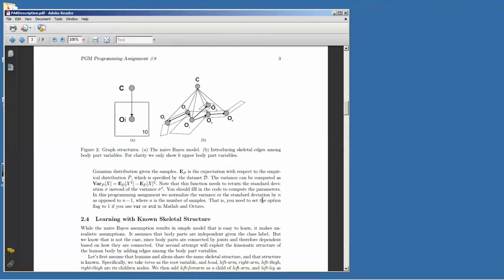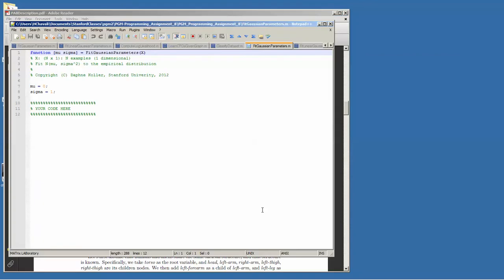Now there's one thing I do want to draw your attention to: you need to set the option flag to 1 if you use var or std in MATLAB and Octave, and same thing with the mean function. Okay, so that's pretty much straightforward. You're basically calculating the mean and sigma here.